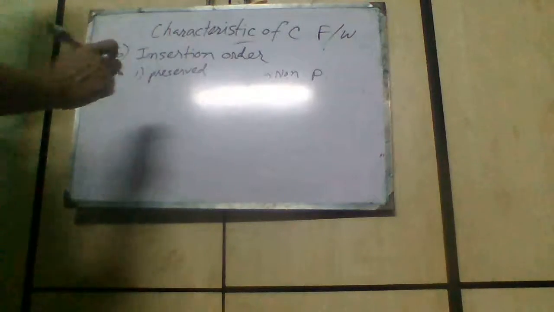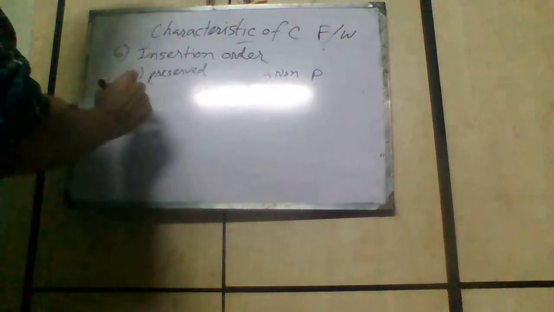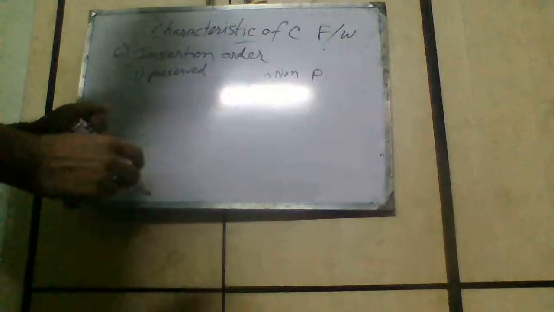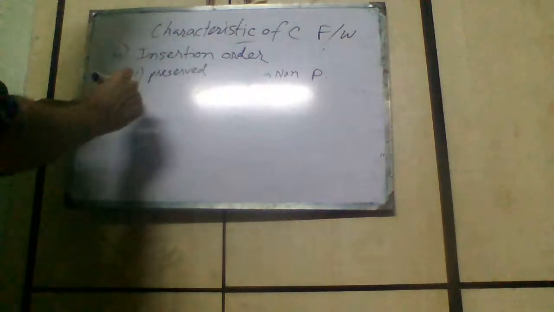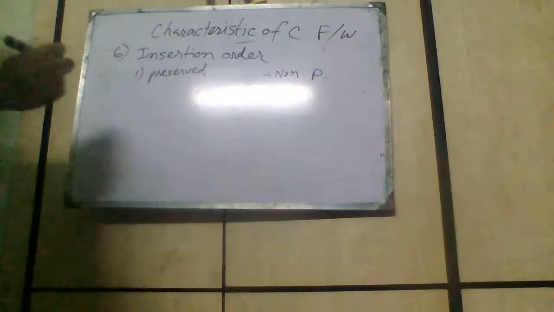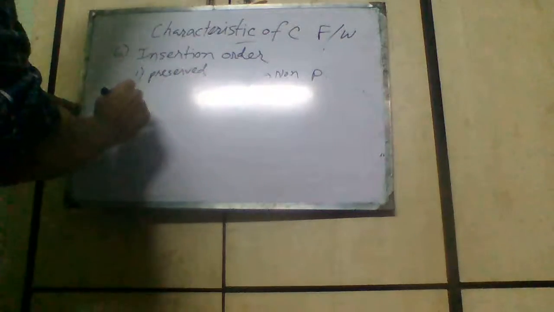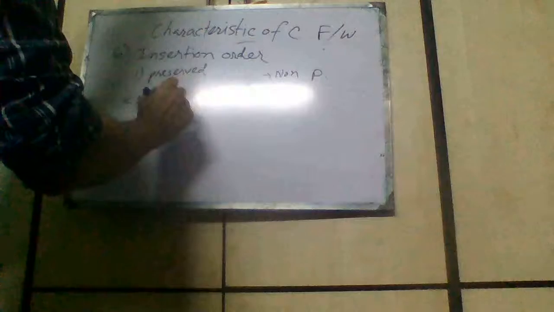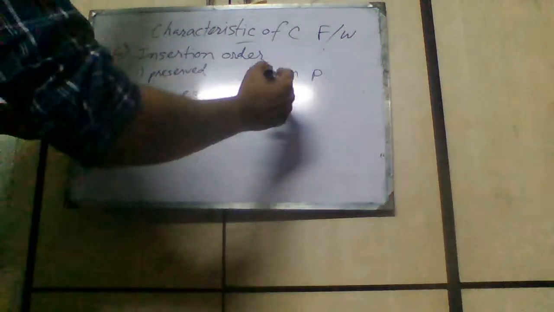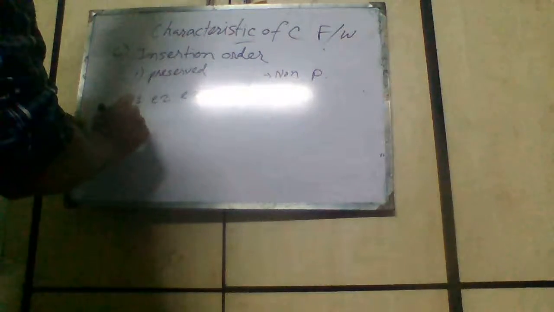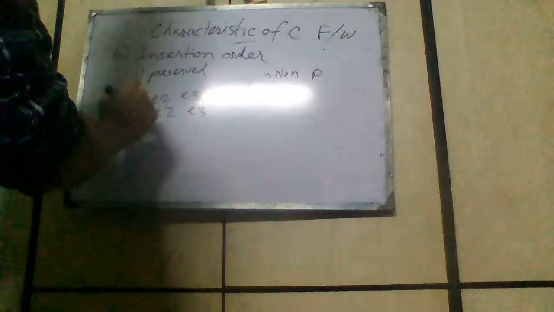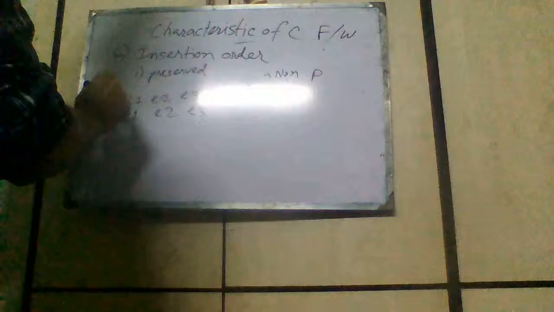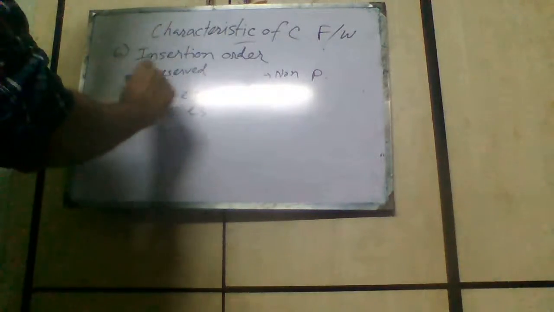Preserved means if the insertion is E1, E2, E3, and the output is E1, E2, E3. That type of characteristic is called preserved.